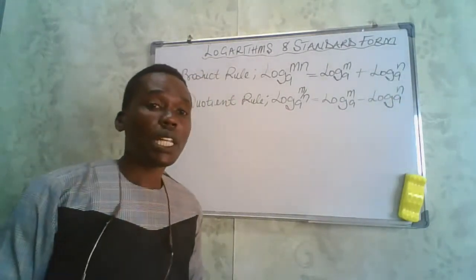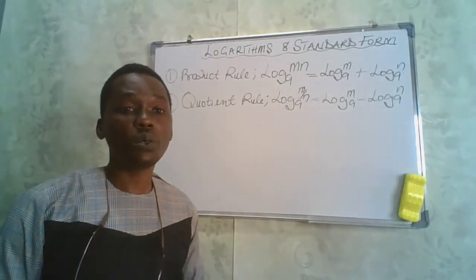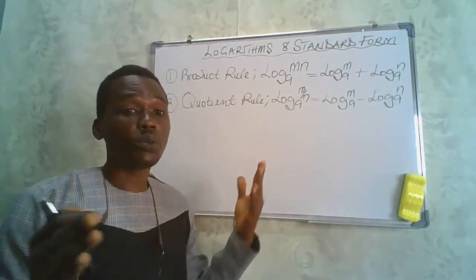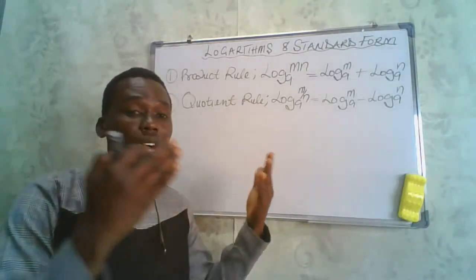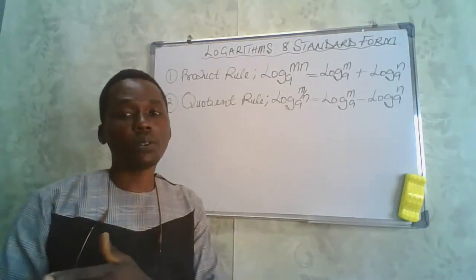Now, if you understand the introduction I gave you on logarithm, then you should be able to start relating these laws to the rules. Logarithm has to do with product, exponent, and the base, yielding a product.